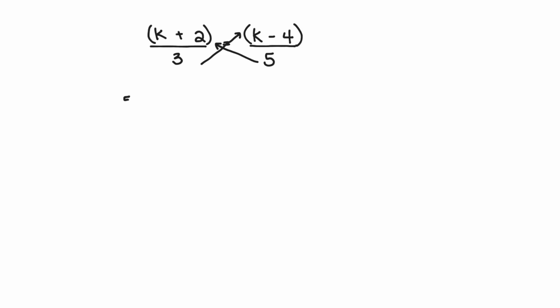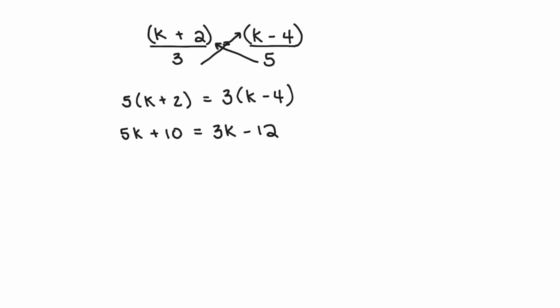So it's going to equal 5 times (k plus 2) equals 3 times (k minus 4). Now we need to multiply by distributive property to get rid of the brackets. So 5 times k is 5k. 5 times positive 2 is plus 10. That's going to equal 3 times k, so 3k minus 12.